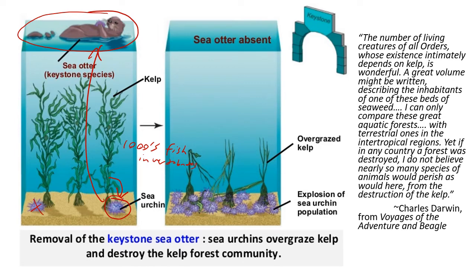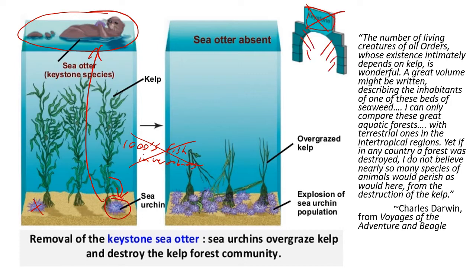You remove the otter, which they did from overhunting them in the 1800s, and the sea urchin population explodes, goes out of control, and overgrazes the kelp, and all of these other species that depend on the kelp forest also disappear. So the otter is there as the keystone. You remove this keystone, and the entire arch crumbles.